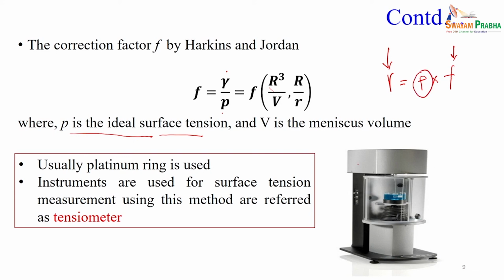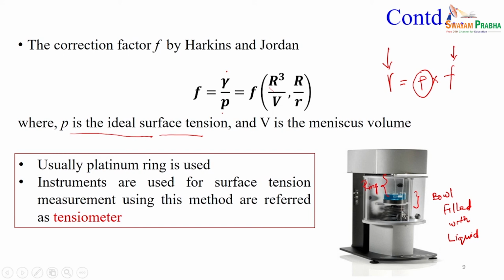This is one typical instrument, or you can say experimental setup. So, here this is a bowl which is filled with the particular liquid, and what you are seeing, this is the ring.